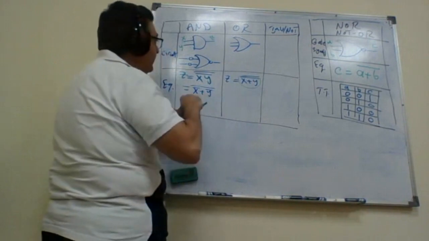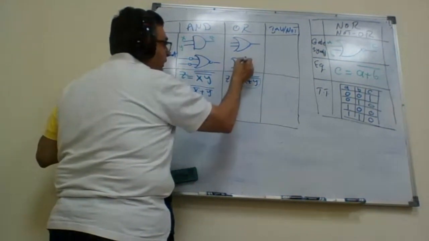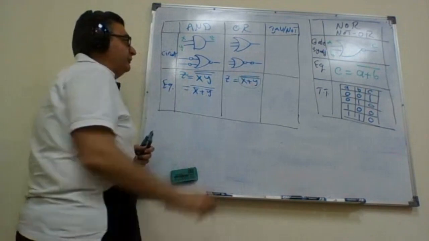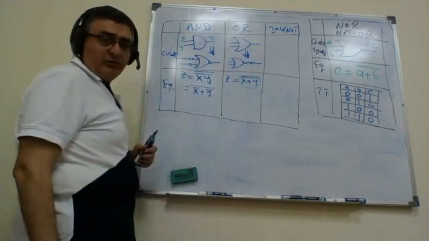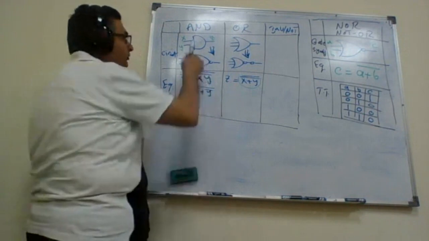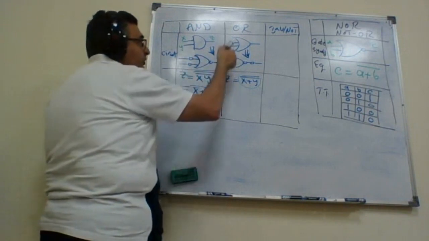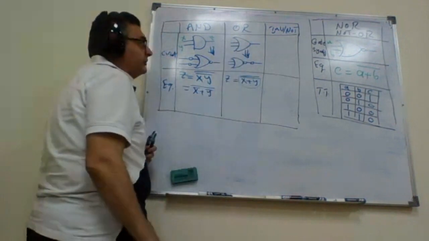So accordingly, the circuit will be a NOR gate followed by an inverter. The equivalent for the AND is a NOR with two inverters at the inputs. For the OR, it's a NOR followed by an inverter.